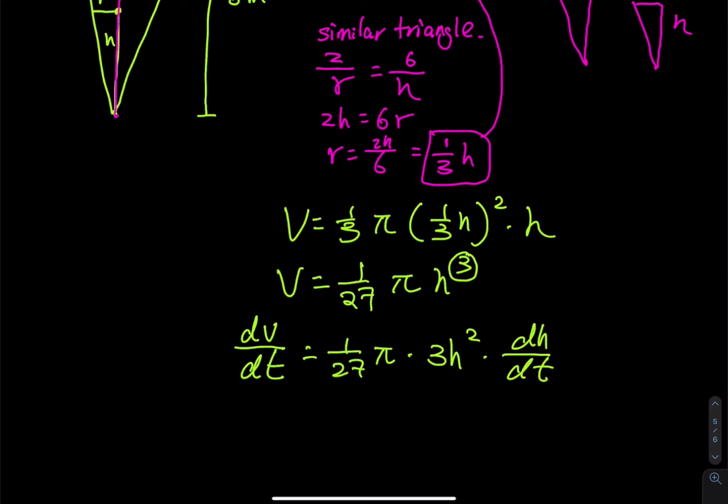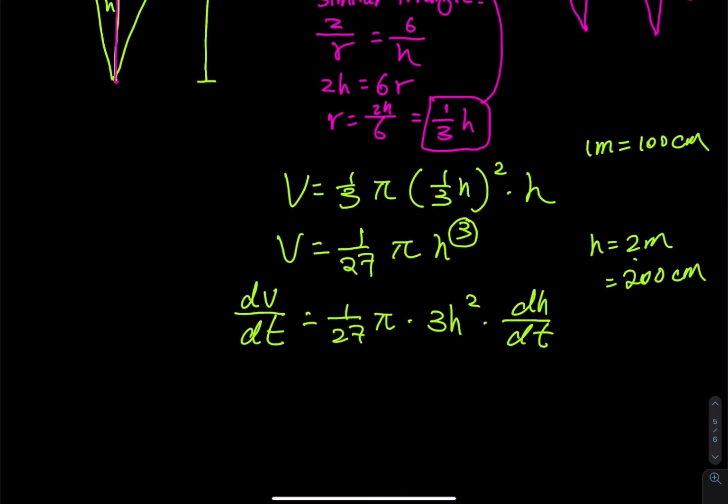And then when the height is 2 meters, fresh water is being pumped into the tank, and inside the tank some water is leaking out. So when h equals 2 meters, how many centimeters is that? 1 meter equals 100 centimeters, so 2 meters equals 200 centimeters. That's what we plug in for h.